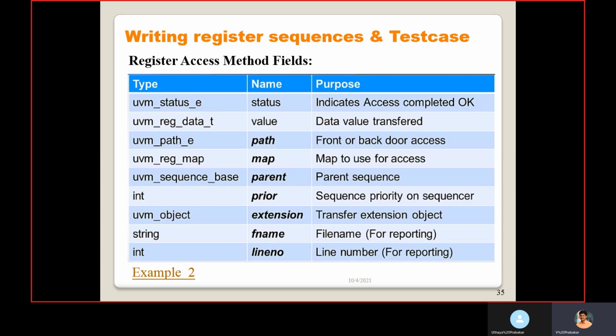Then these are all the types of fields or arguments that we are going to pass when we use methods like write and read. During that, we need to pass some arguments.